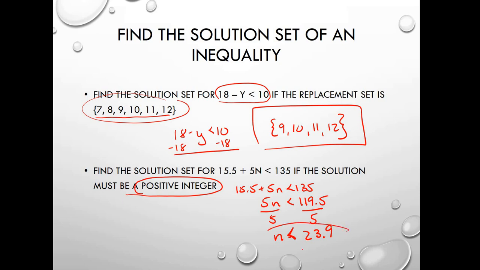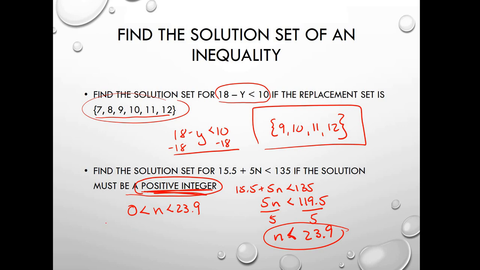So n is less than 23.9, but my answer has to be positive. Again, if I was not given a replacement set, I could have used any number, positive or negative, less than 23.9. But as it stands, my solution set, since it's been restricted, has to be less than 23.9, but greater than 0. And for that matter, it's got to be an integer.